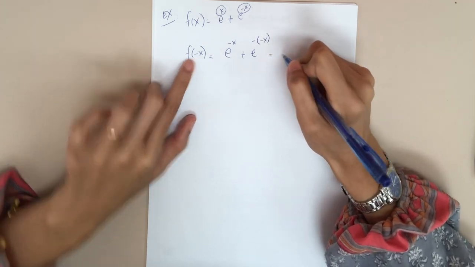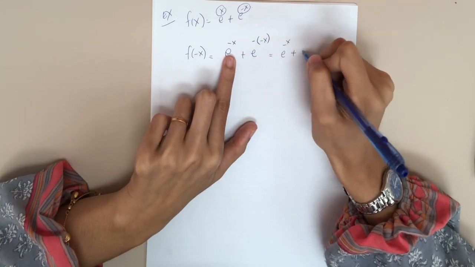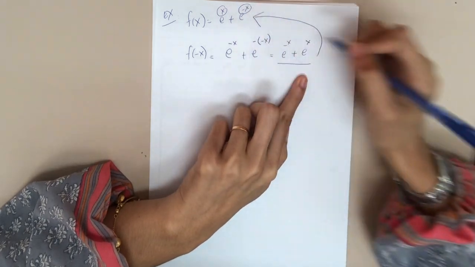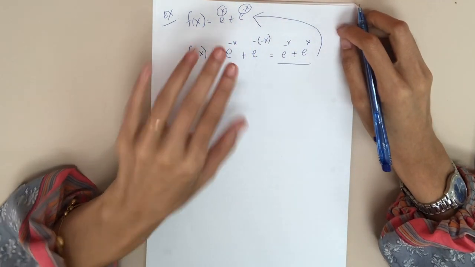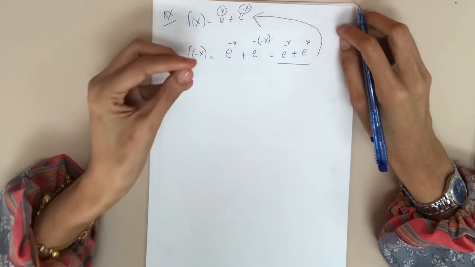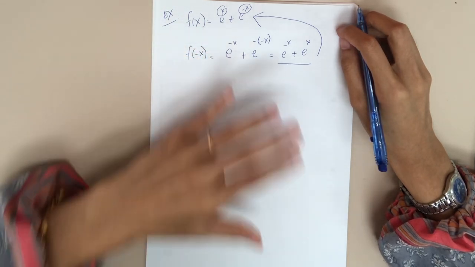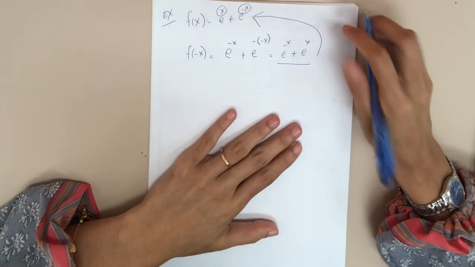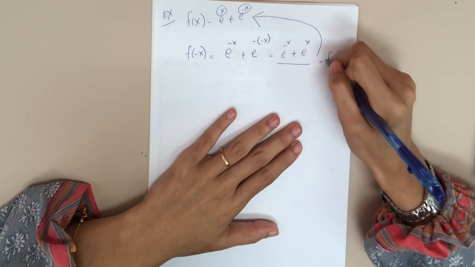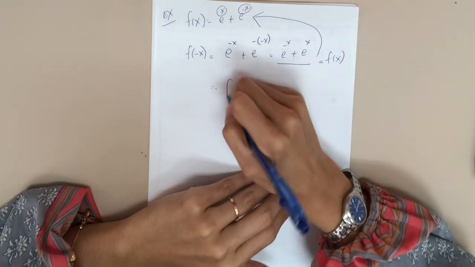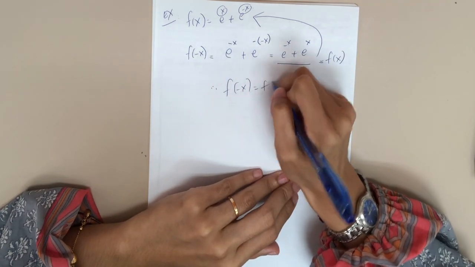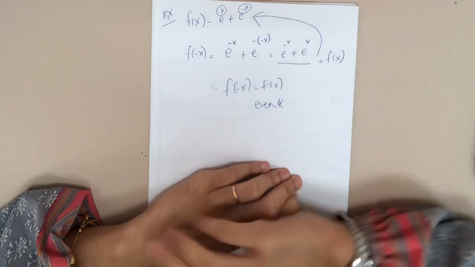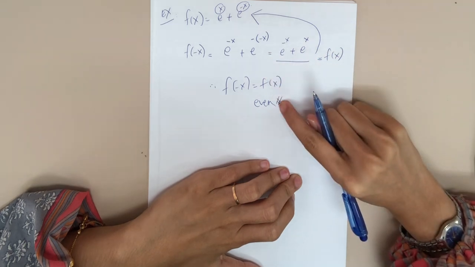You simplify it, so it will be e^(-x) plus e^x, and this is actually equal back to your equation. Just the sequence or notation is reversed, but it's still the same meaning because it is a plus, so it has no effect. And this equation is equal to f(x). Therefore, f(-x) is equal to f(x). So this function is an even function.